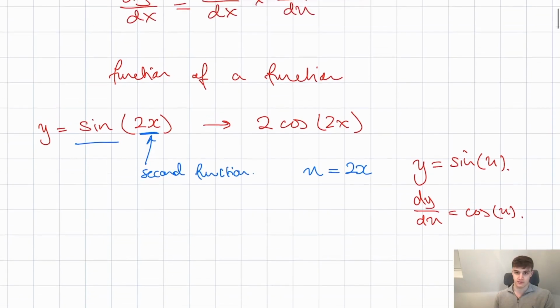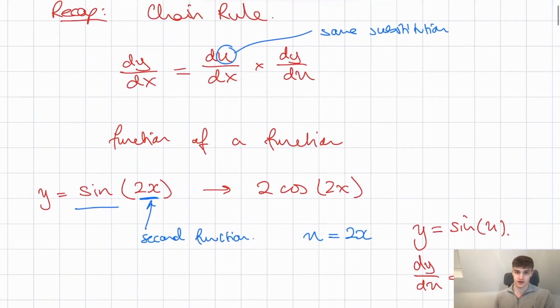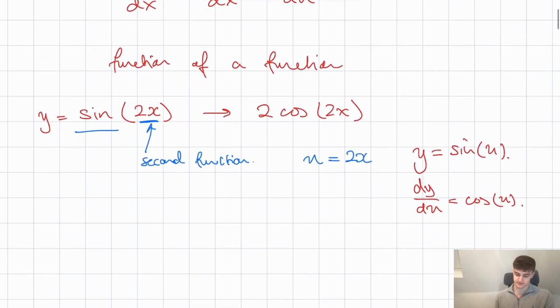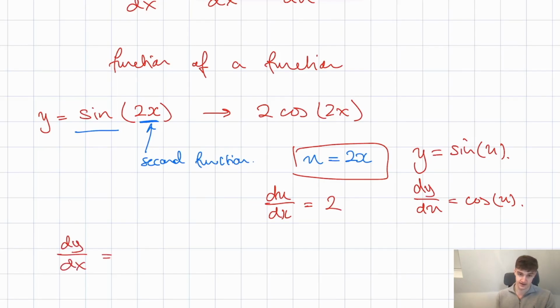But if I remember from the formula, I also need du by dx. Now u is just 2x right here, so du by dx is equal to 2. So if I bring this all together, my dy by dx is going to be 2 times dy by du, which is cos of u.